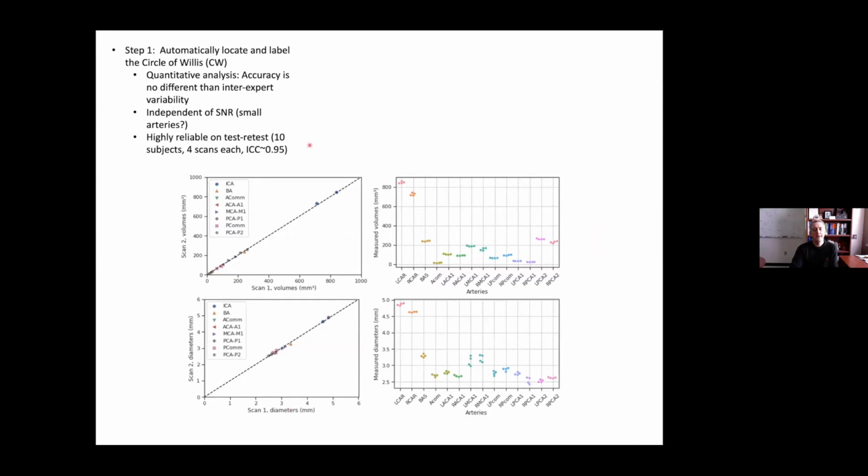An intraclass correlation coefficient of 0.95. Just to put that into context, the modern day FreeSurfer results has an intraclass correlation of roughly 90%. So in terms of test-retest, we're in the same order of magnitude as popular gray matter segmentation tools.